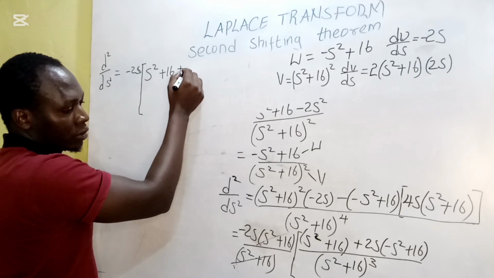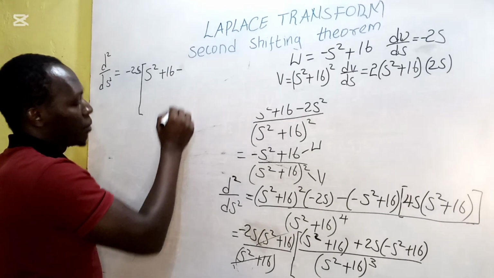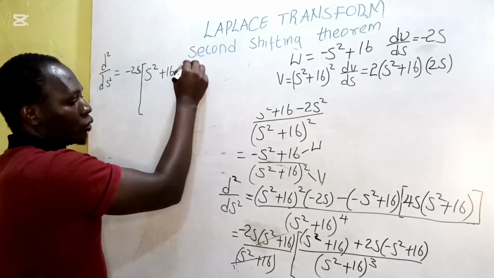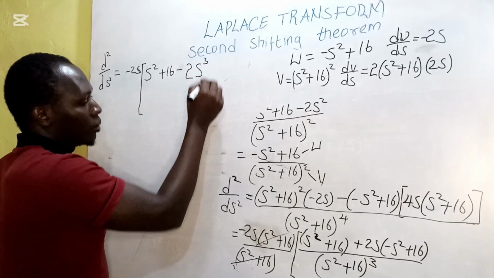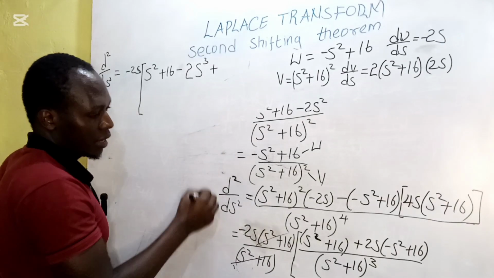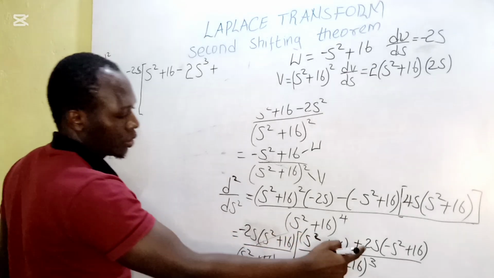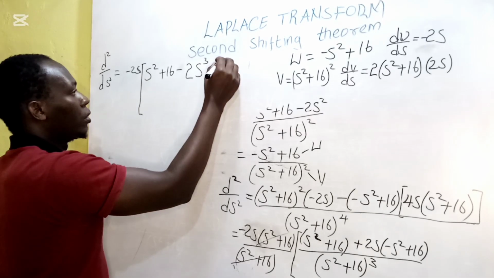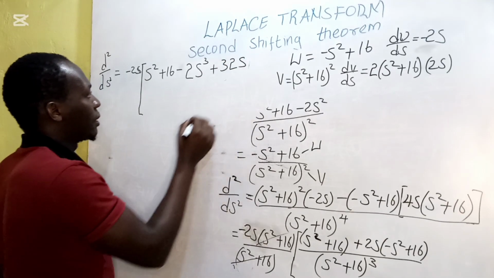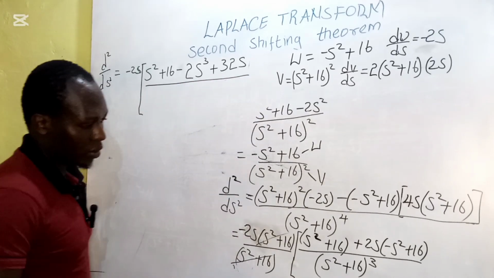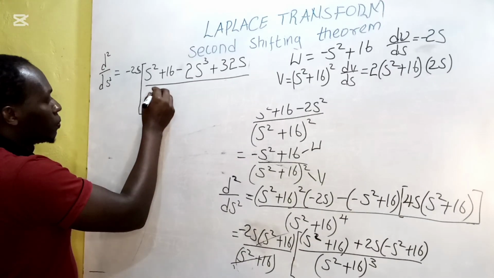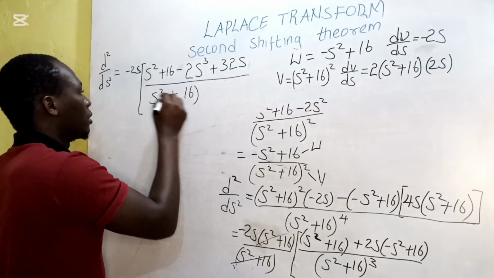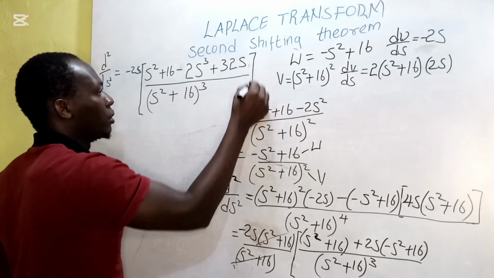We subtract from. Here I'm going to have 2s cubed I add to 32s, and everything is going to be all over s squared I add to 16, but everything now will be cubed.